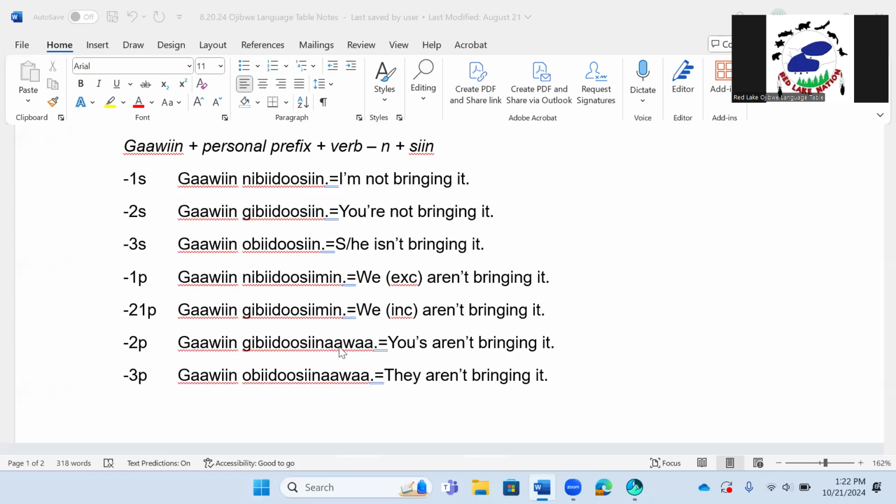Gawin gibidusi nawa. Yous aren't bringing it. And the last example here, we have negative 3P, they are not bringing it. Gawin obidusi nawa. They are not bringing it.